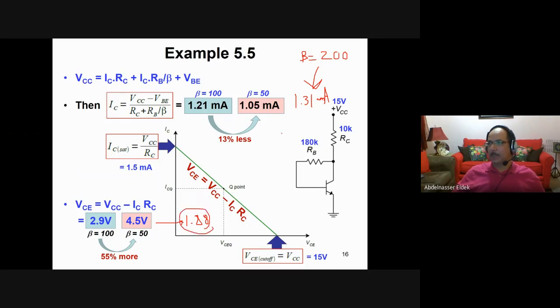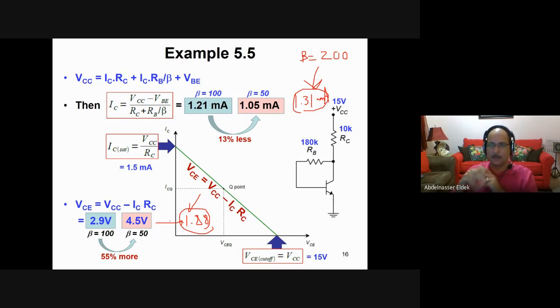So when beta is 200, the voltage is 1.88 and the current is 1.31. Of course, you see here there is a big difference between 2.9 and 1.88.